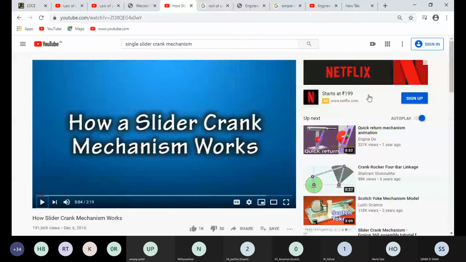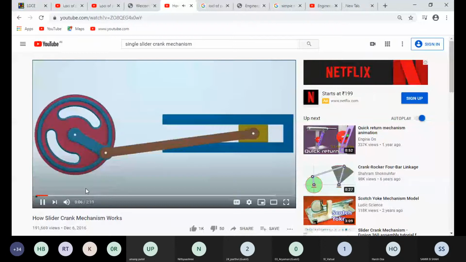Whenever I talk about the slider mechanism, there are two main things: one is the crank and the other is the connecting rod. What is a crank, and what is a connecting rod? We will see in this video. I will show you with the cursor.